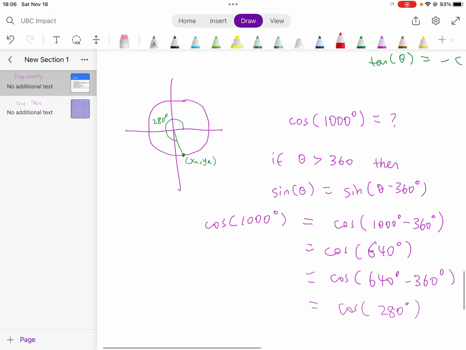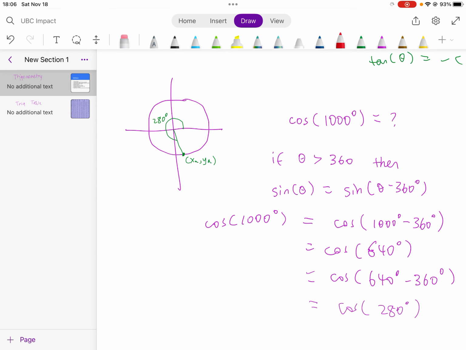The cosine of this value is going to just be xa, and xa is going to be the same xa as this xa here, which is xb. So we can just find this one instead. What is this angle here? Well, if this here is 280 degrees, that means 90, 90, 90, 10. So this is 10, which means this part is 10.